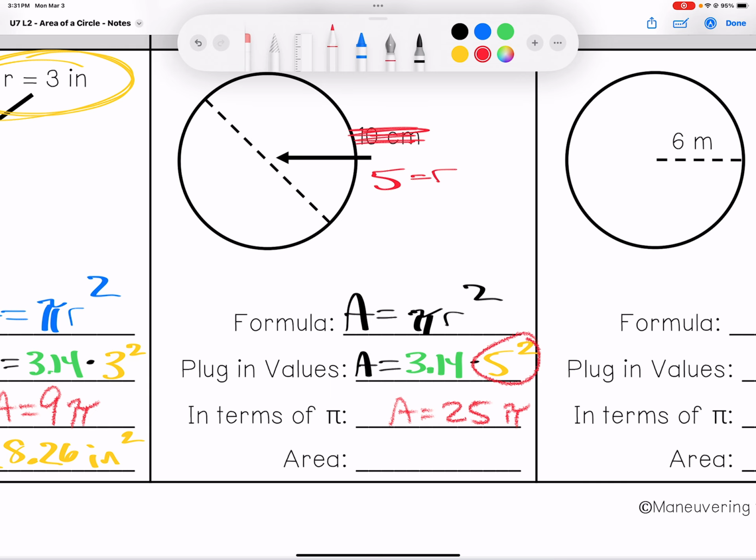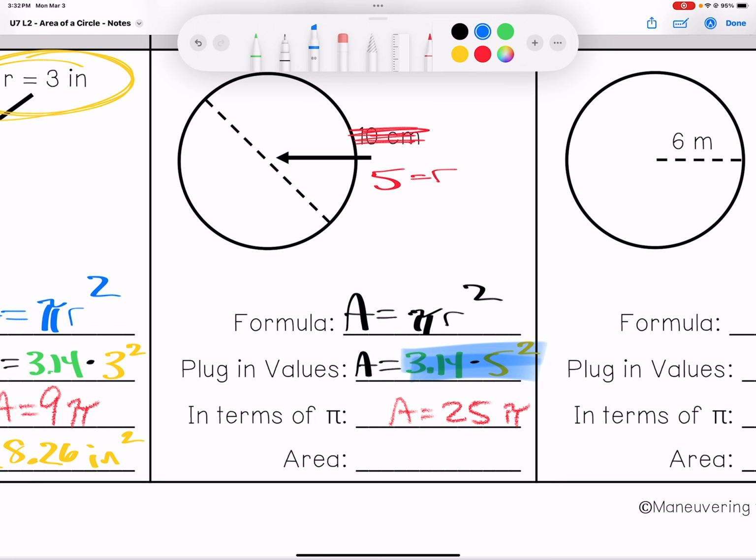All right, where did that come from? What is 5 squared? It's 25. You don't have to do that all the time. You're not going to have to do this on a test, but I'm just showing you in case, okay? But in your calculator, you will need to do what I've highlighted in blue. 3.14 times 5 squared. So in your calculator, go 3.14 times 5 and then hit that squared button beside 7.